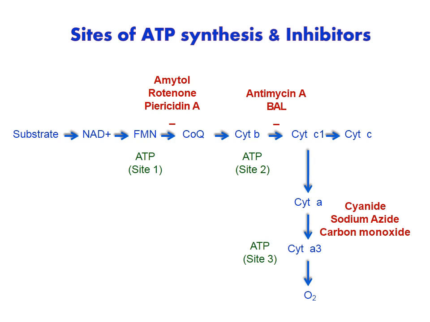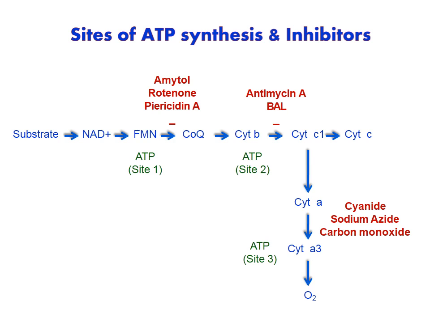If antimycin, BAL, these substances are present, they inhibit the site between cytochrome B and cytochrome C1. Cyanide, sodium azide, carbon monoxide, they will inhibit the site between cytochrome A and cytochrome A3.